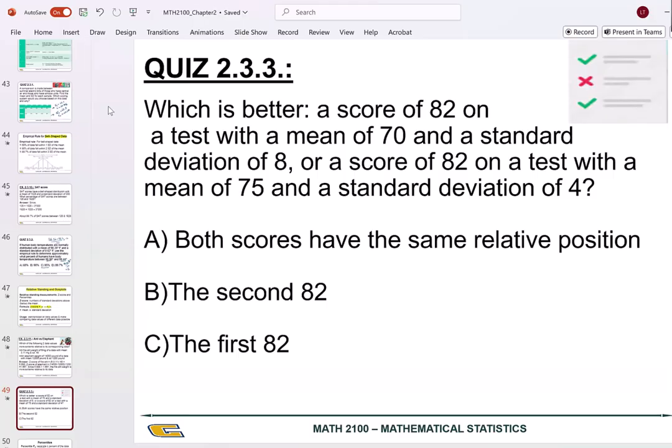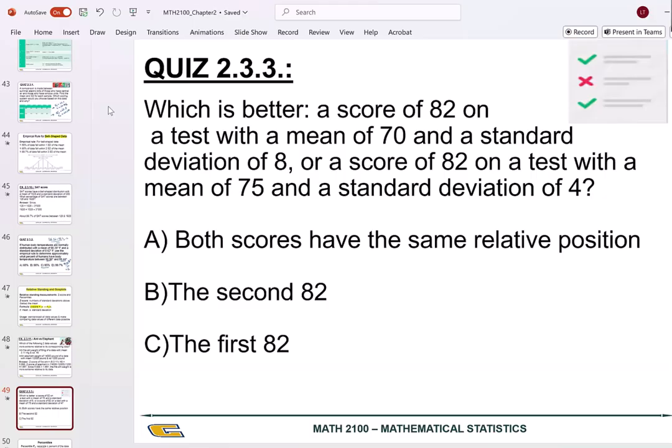So are they the same, or did you do better one time, compared to your classmates? Think about that. Both tests you got 82. But in one test, the class did 70 with standard deviation 8. And in another test, the class did 75, but with standard deviation 4.